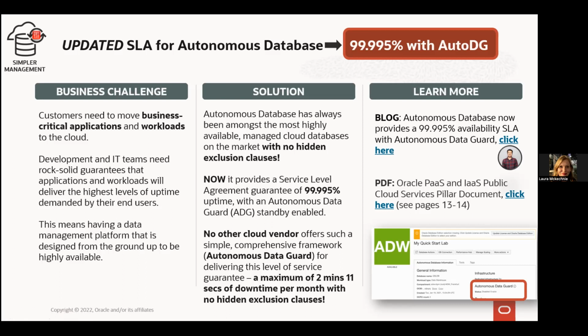So that takes us to that four nines of availability that's been written in documents. There are no hidden exclusion clauses and things like that. So our goal is definitely to have the 99.995 SLA, and that's now been fully documented, and it is part of the documentation, as well as the pillar document out there.